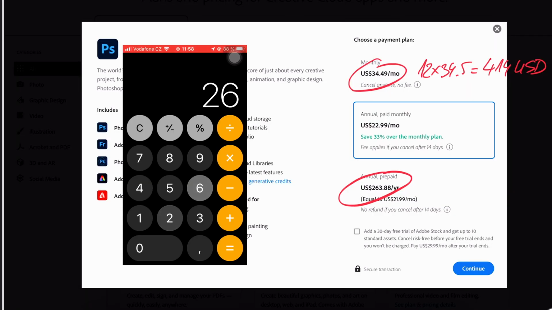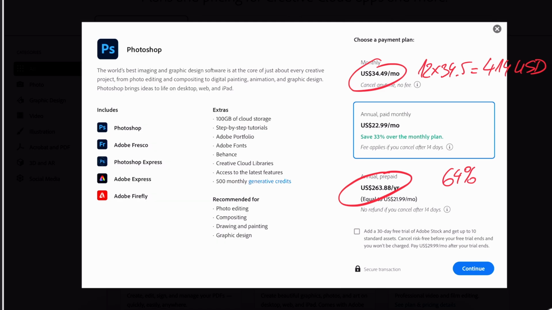It's quite normal that if you prepay something for a longer time, you will have some discount. So we have $264 and the original price was $414, which according to the calculator is around 64% of the original price, which means we have a 36% discount. That's not bad. But what about the annual plan, which is paid monthly?